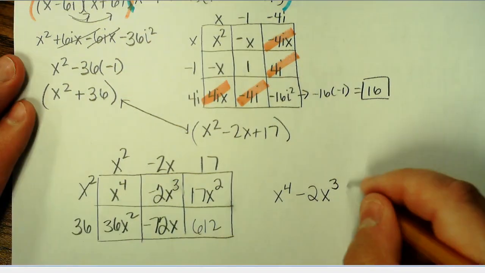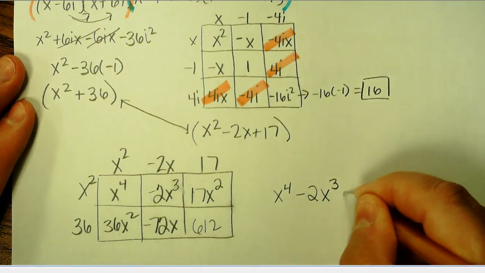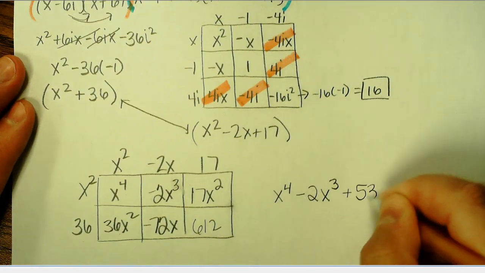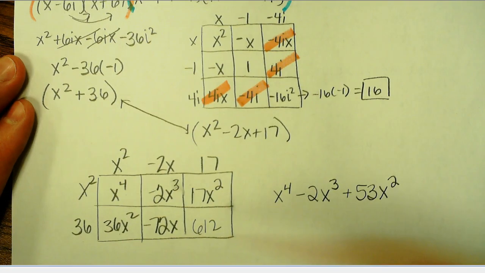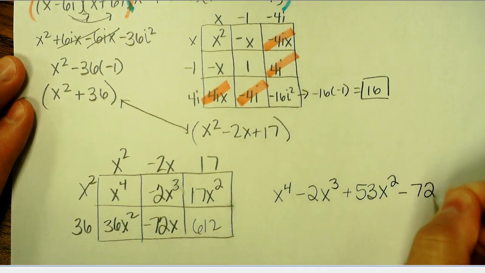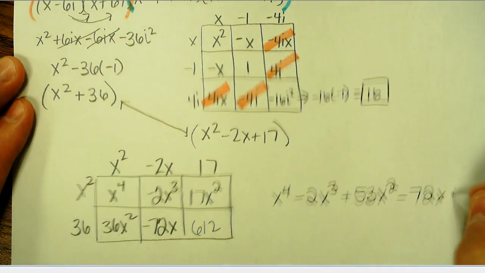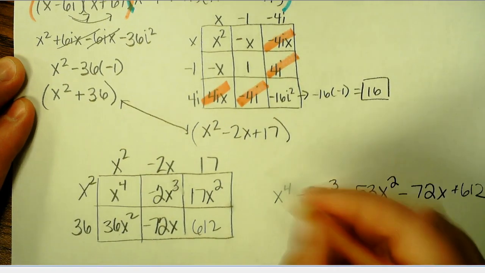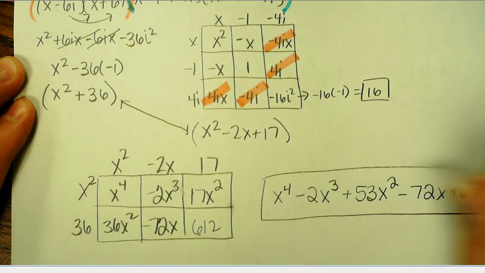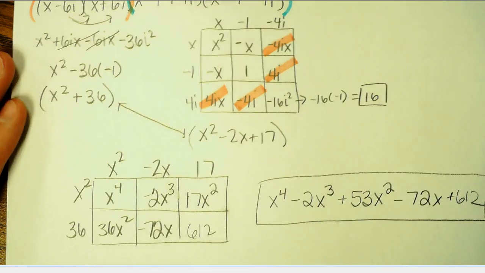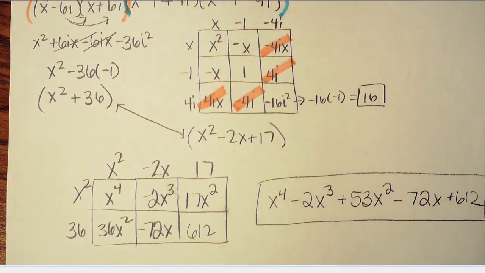So this is going to be 53x squared. There's only one term with an x and only one plain number. So that was really long, but that is ultimately the answer, the polynomial that has those zeros.